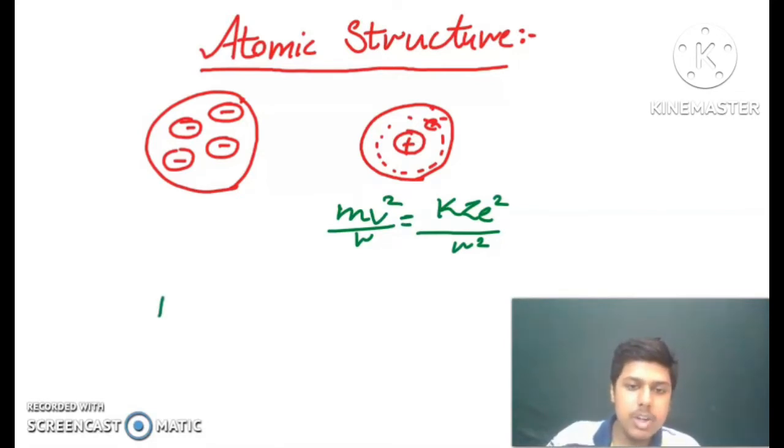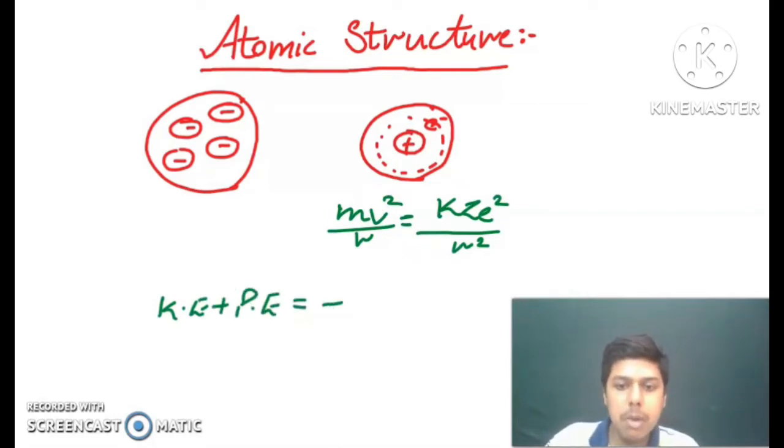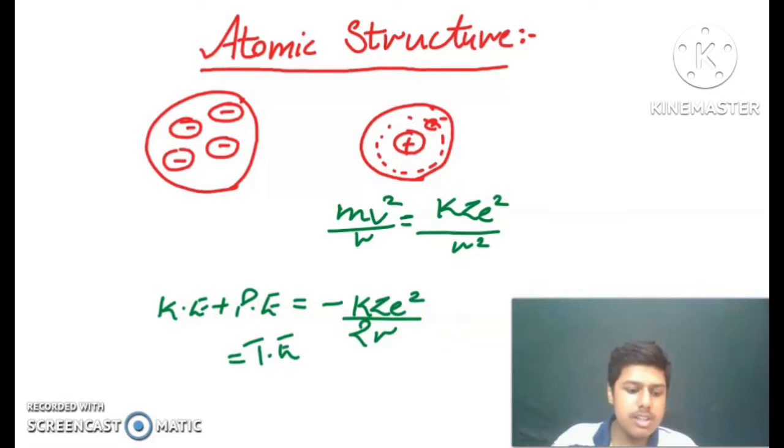Now the other equation is kinetic energy plus potential energy is equal to minus kze square divided by 2r. Kinetic energy plus potential energy together is the total energy. That means the total energy is equal to minus kze square by 2r.